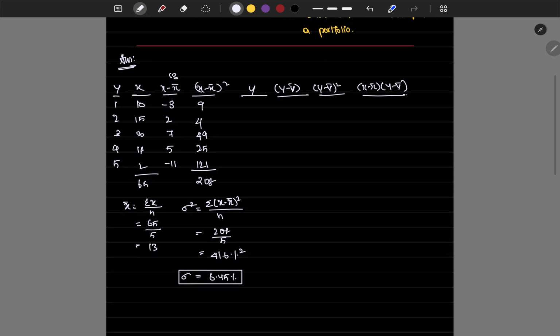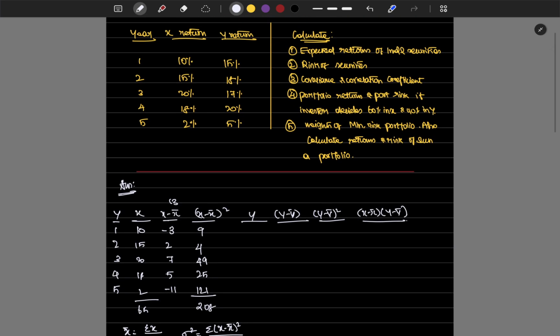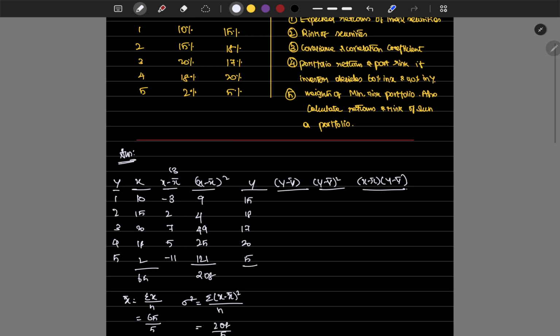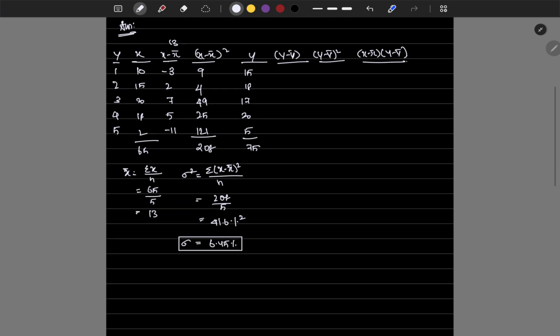Let's go to the y part. What is in y? 15 percentage, 18, 17, 20, 5. What's the total? 15 plus 18 plus 17 plus 20 plus 5, which is 75.